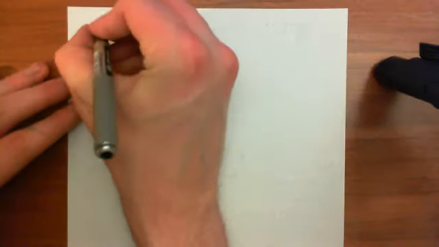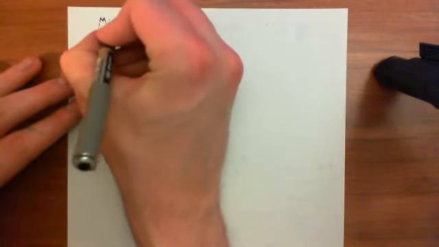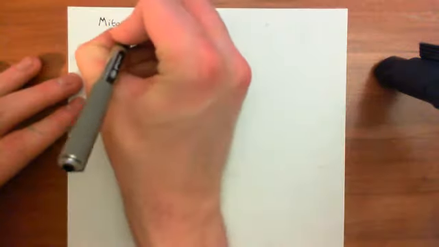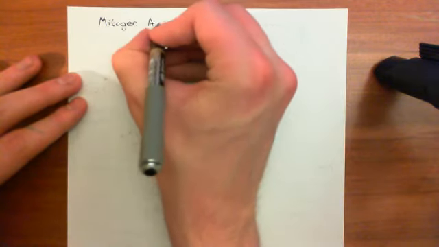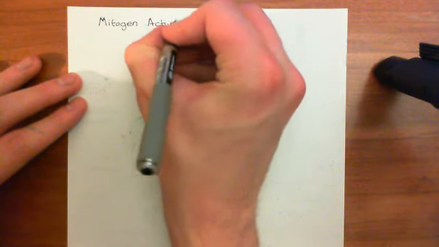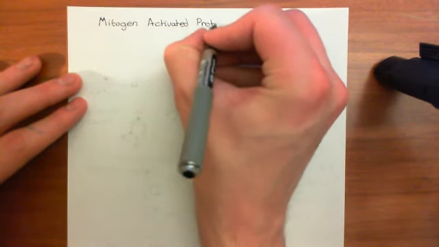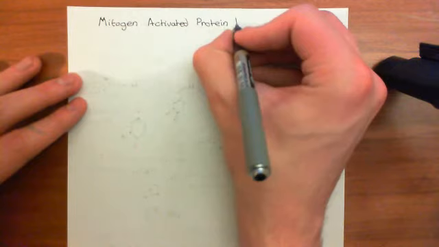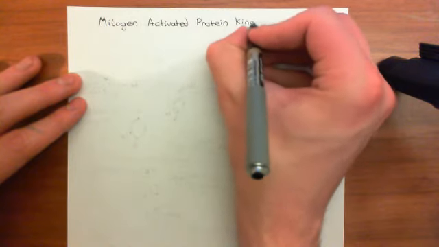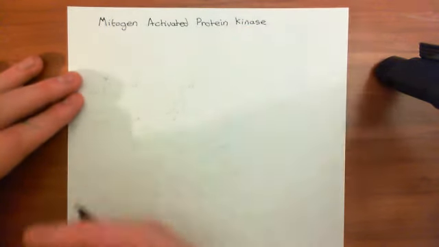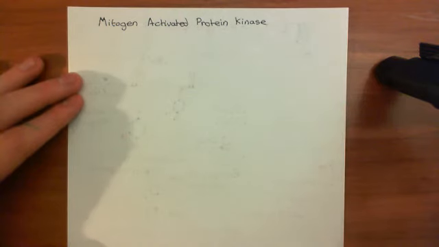Right, so MAPK stands for the mitogen, that's the M, A is for activated, and then the P is for protein, and then the K is for kinase. Okay, so a mitogen is any signaling molecule which induces mitosis, basically, induces cell division.